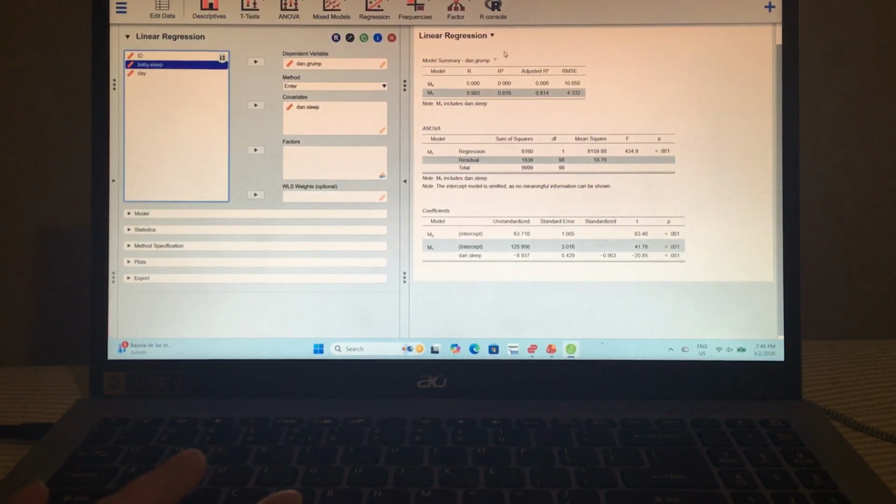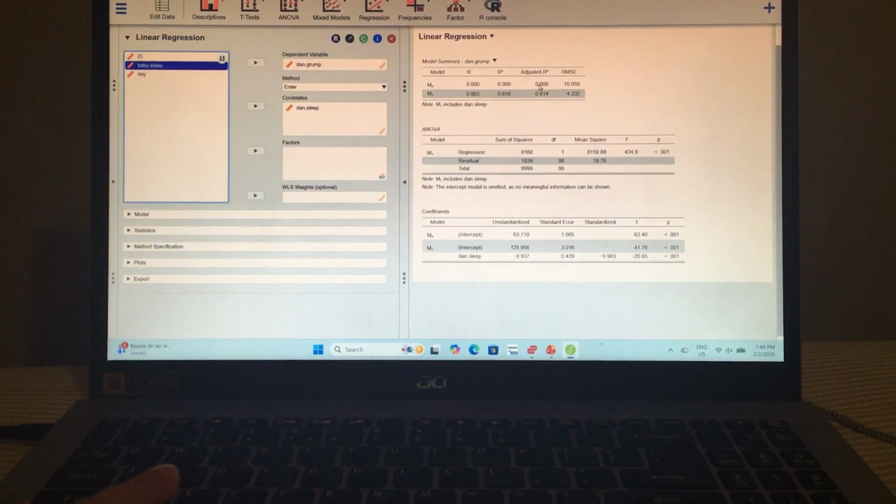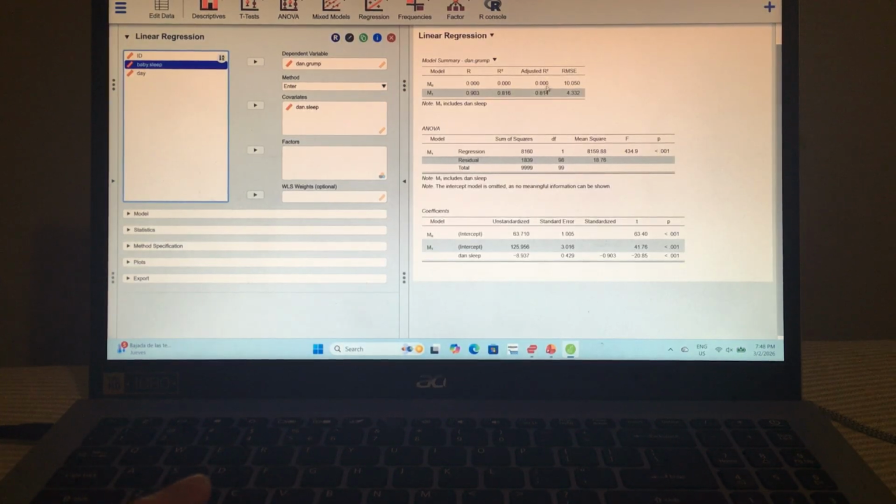Here we have R for M subscript 0: 0.000 is the R, the R squared is 0.000, the adjusted R squared 0.000, the RMSE 10.050. M subscript 1: 0.903, 0.816, 0.814, 4.332.